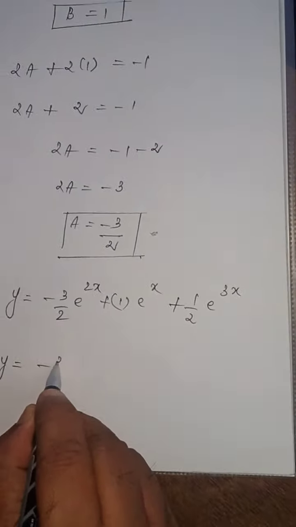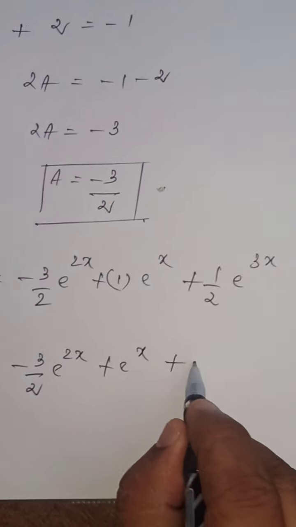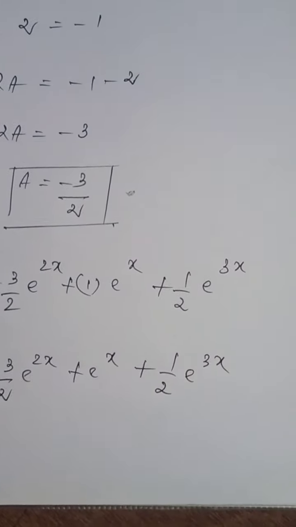Therefore y equals minus 3 by 2 into e power 2x, 1 into e power x is e power x, plus half into e power 3x.